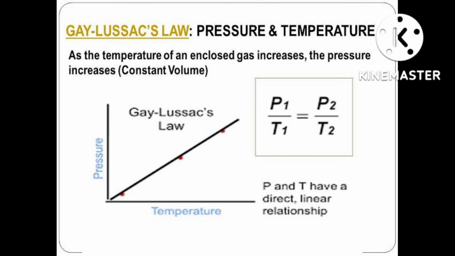Pressure in well inflated tires of automobiles is almost constant. We are talking about the tires of a bike. But on a hot summer day, this increases considerably and the tire may burst if pressure is not adjusted properly.